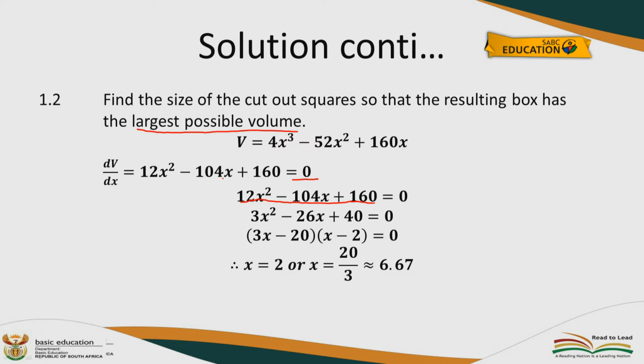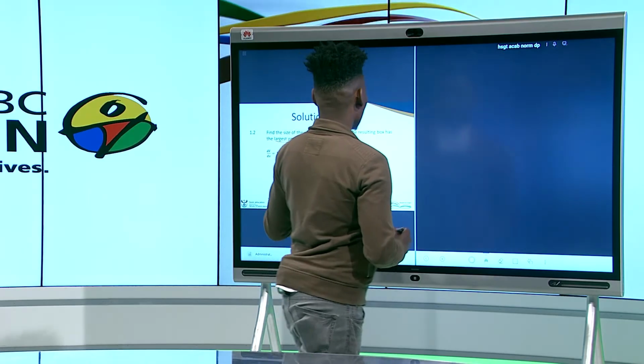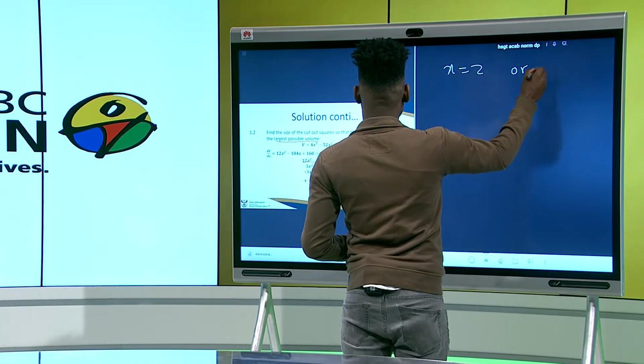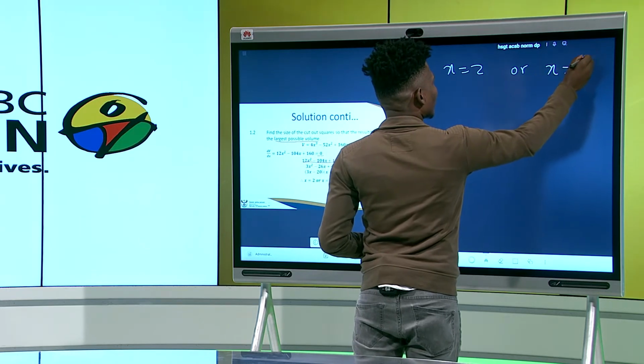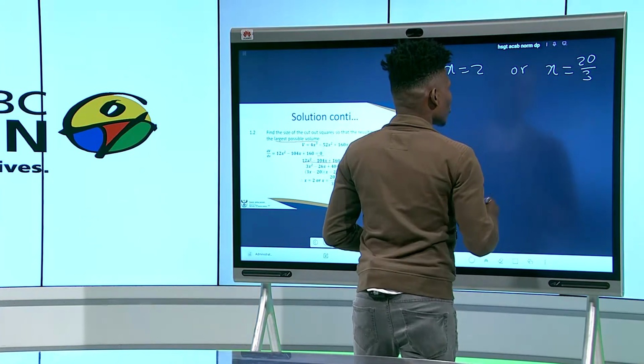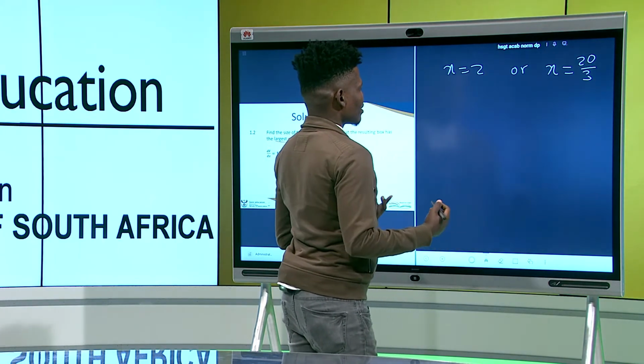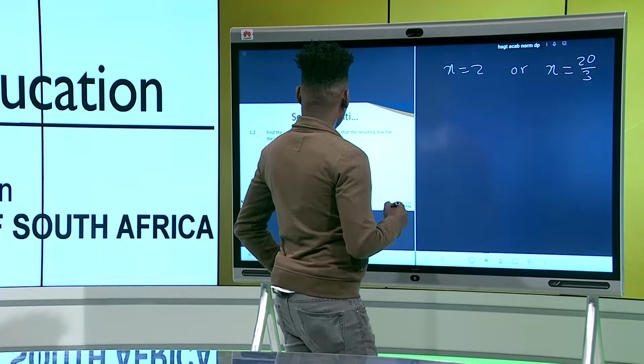Now, I want us to look at something because we have two solutions. We have x equal to 2 or x equal to 20 over 3. So which of these solutions is going to give us a maximum volume?